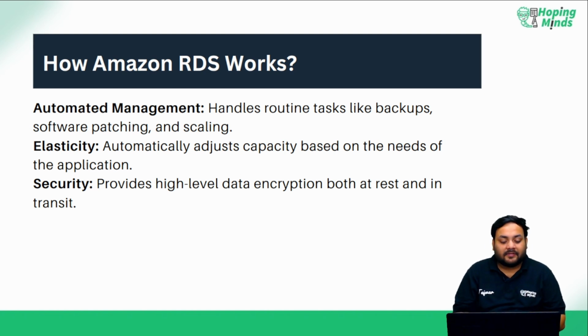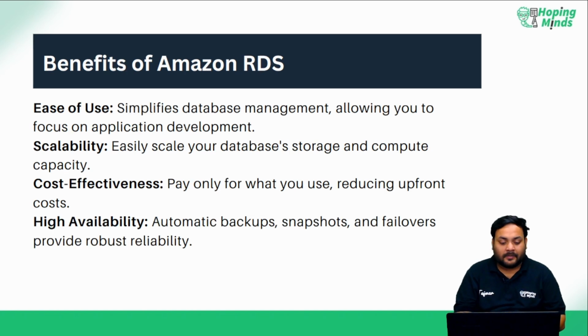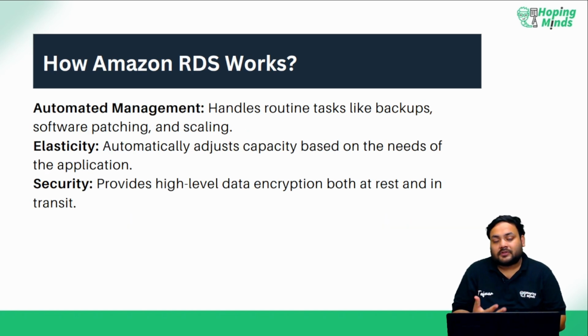Next we have security. It provides a very high level of security and encryption at both ends, and when we talk about security specifically, it manages everything by itself. So these are the things that explain how RDS works.